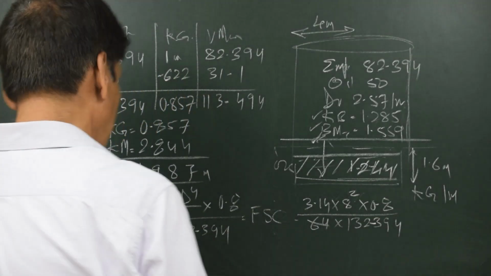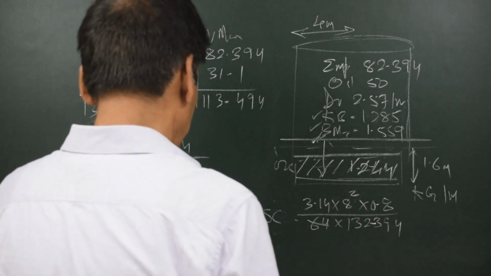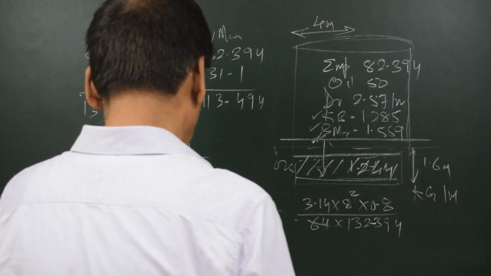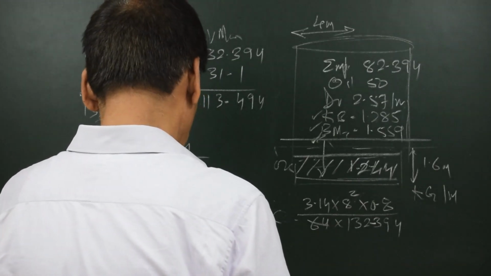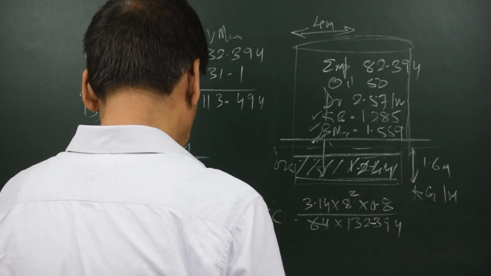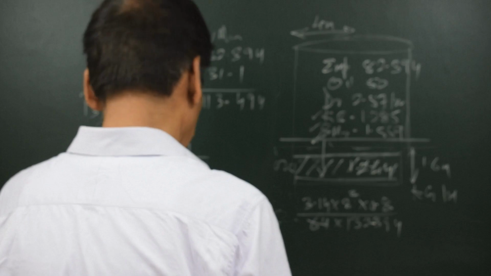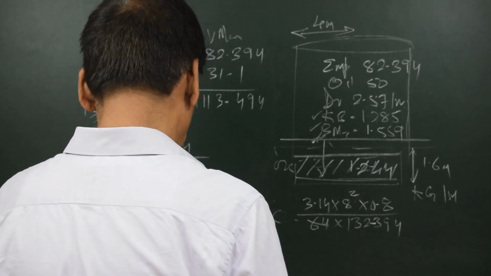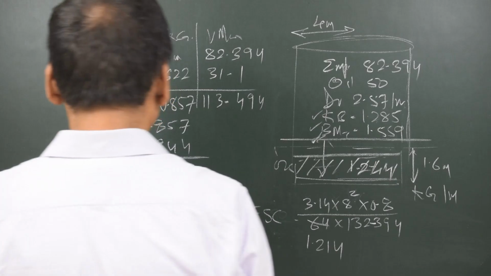And let's do the calculation. 3.14 into 64 into 0.8 divided by 132.394. 1.214. So that is the free surface correction.